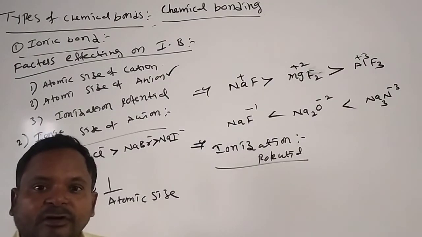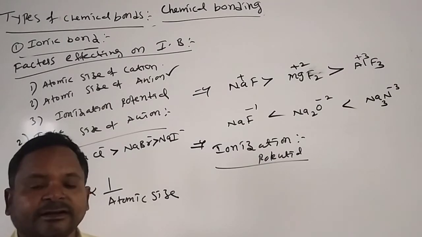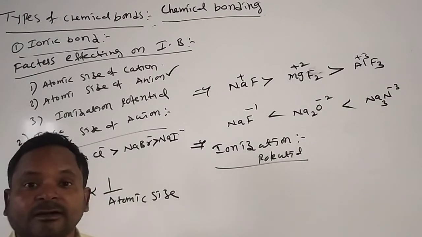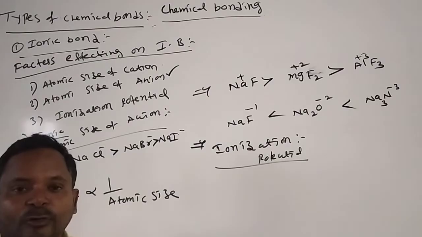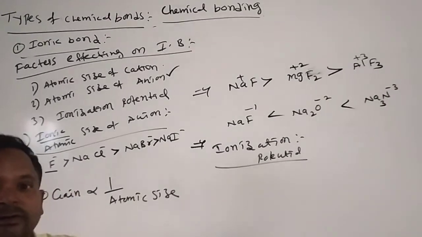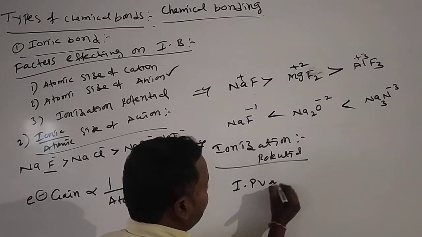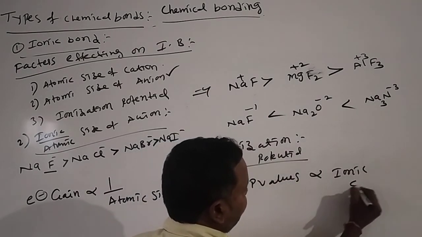If ionization potential is less, that molecule forms an ionic compound fastly, meaning it has more ionic character. Ionization potential values are inversely proportional to the ionic character.